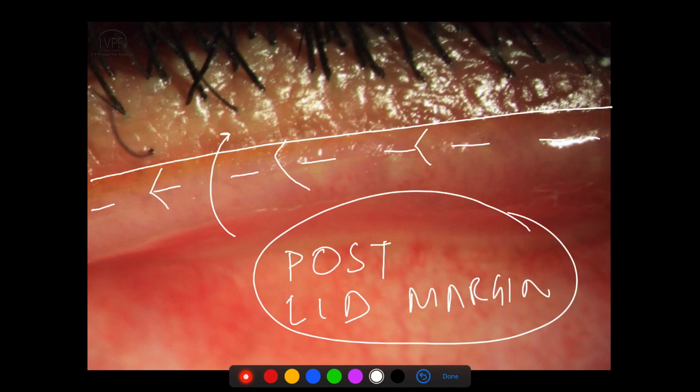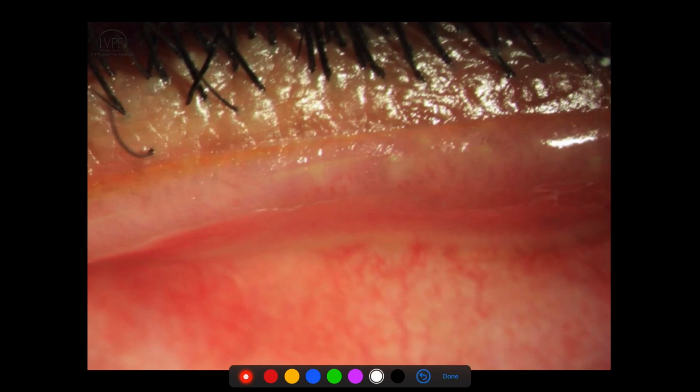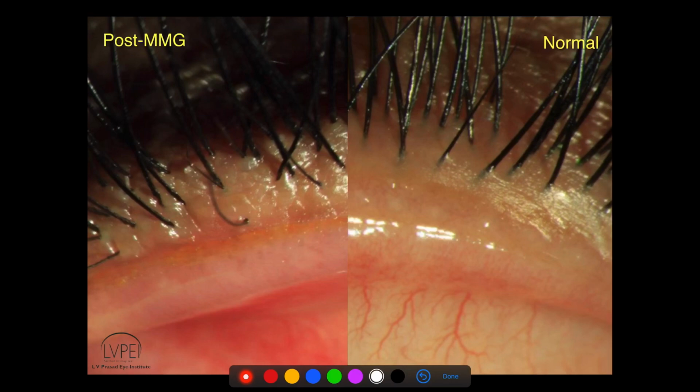The surgery works only if the mucosa remains forever wrapping around the posterior lid margin. All right. So, if you can do this surgery well, you can actually mimic very closely how the normal appearance of the posterior lid margin is by doing your mucous membrane grafts.